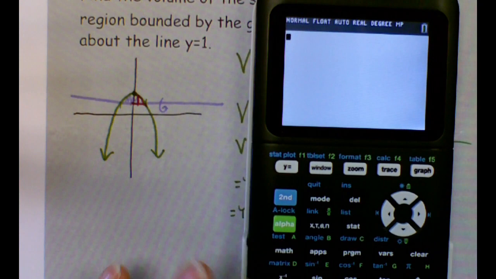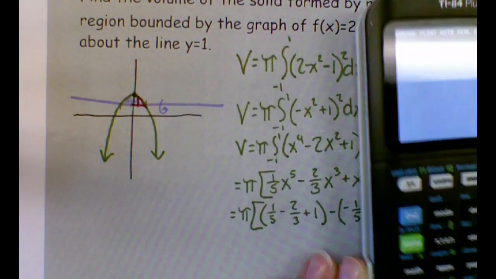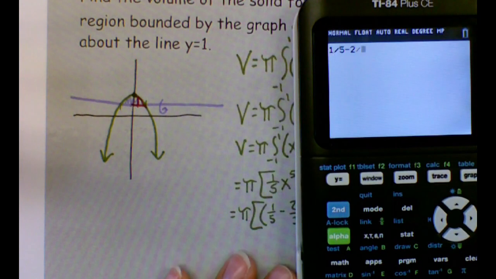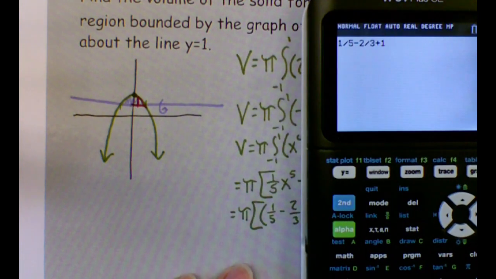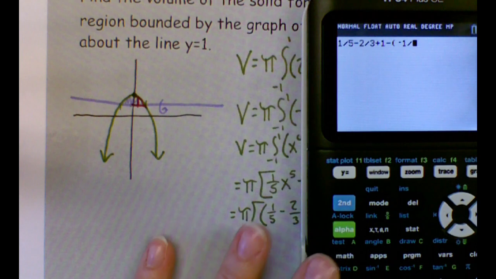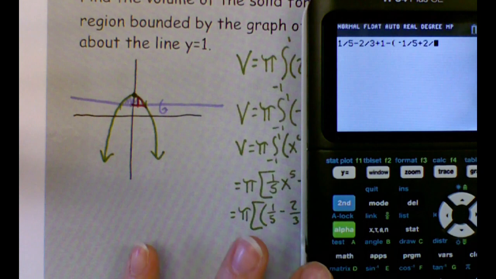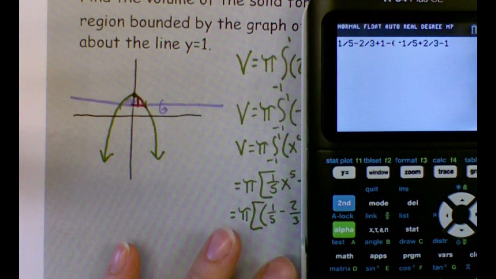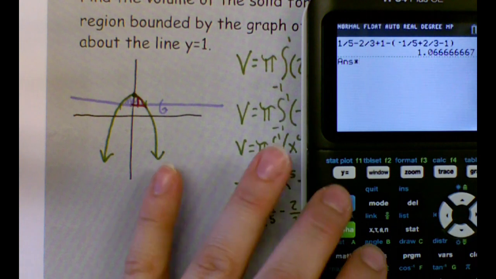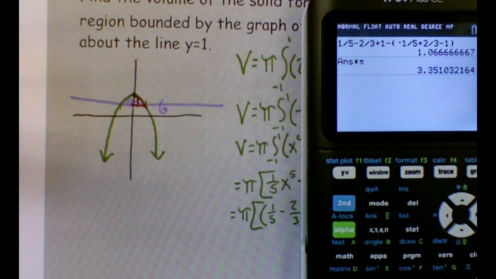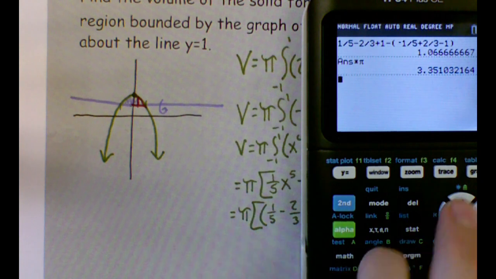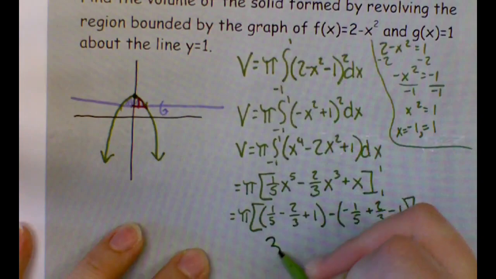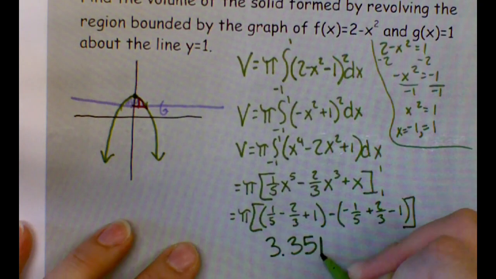So I have 1/5 minus 2/3 plus 1 minus (-1/5 plus 2/3 minus 1), and I'm going to multiply that by pi. My answer is 3.351, or I could have said 1.066 repeating as a fraction times pi. 3.351.